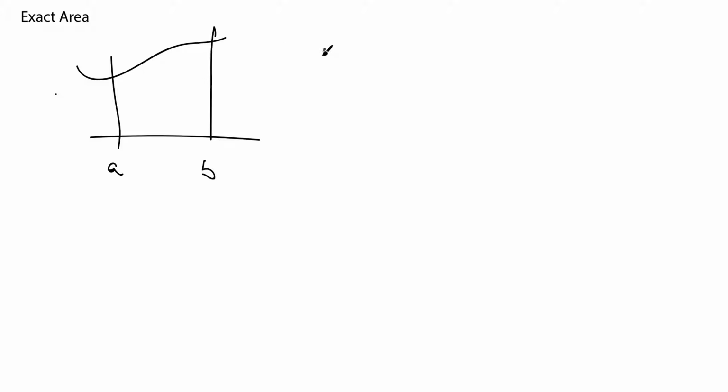So we started with that same expression, where we had something like f of a plus i times delta x, the sum from 1 to n. And we said we're going to let n get really big, to infinity.